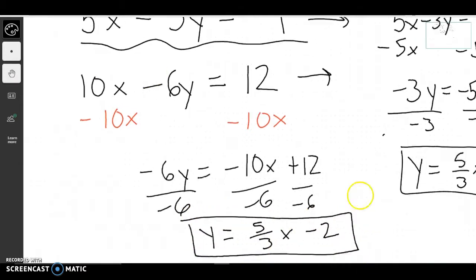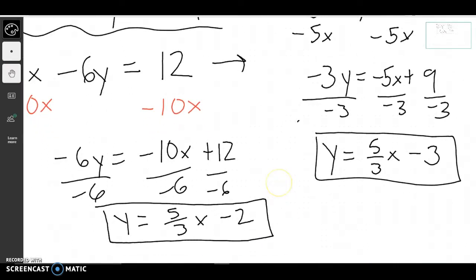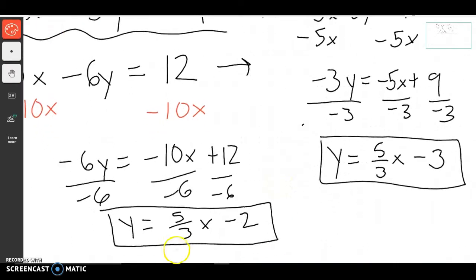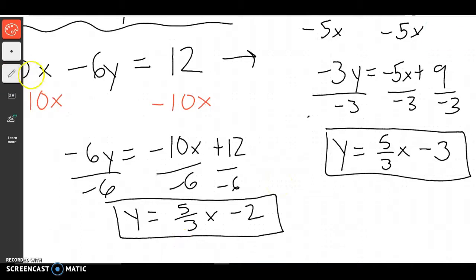Now we have to check. Well, I can see that this slope is the same as this slope. But this y-intercept is not the same as this y-intercept. So because the y-intercepts are different but the slopes are the same, I know this has no solutions because the lines are parallel. This is the thing that you're going to have to do today.